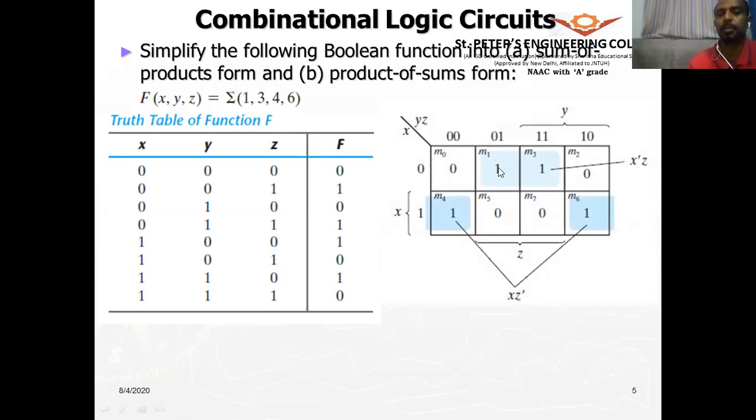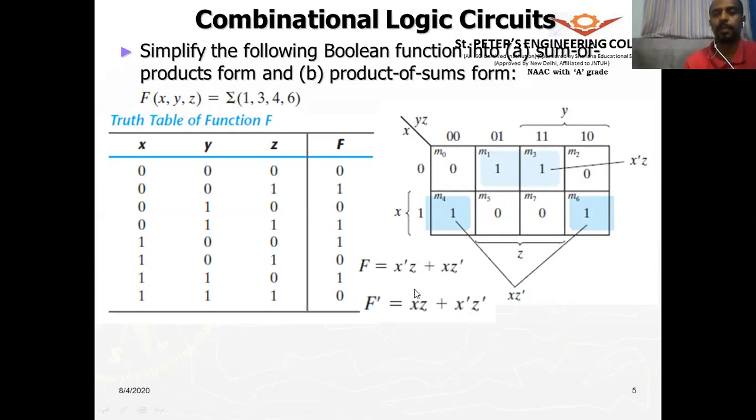Only 2 grouping is possible. Grouping of 2 ones. 2 ones here and these 2 ones are grouped. So therefore, from grouping, the result is X complement Z or XZ complement. So this is the direct SOP form.